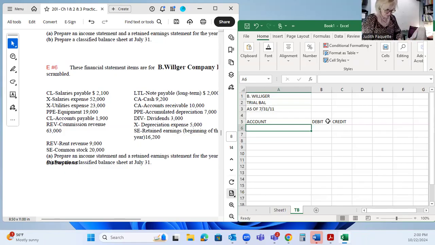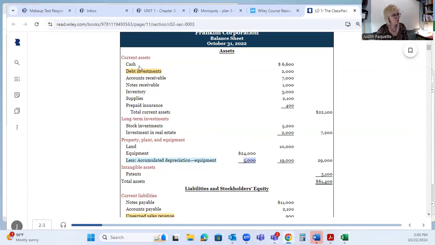Make sure I get this right. Here we go. All right. So if we go back and look at that Franklin balance sheet, that will help us with the order. Cash, accounts receivable, supplies, and then prepaid.